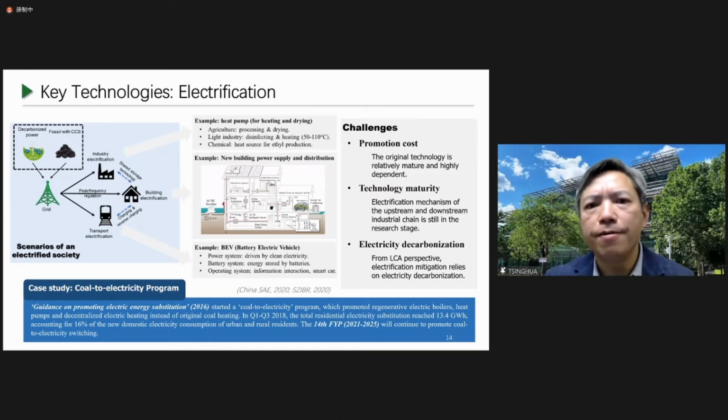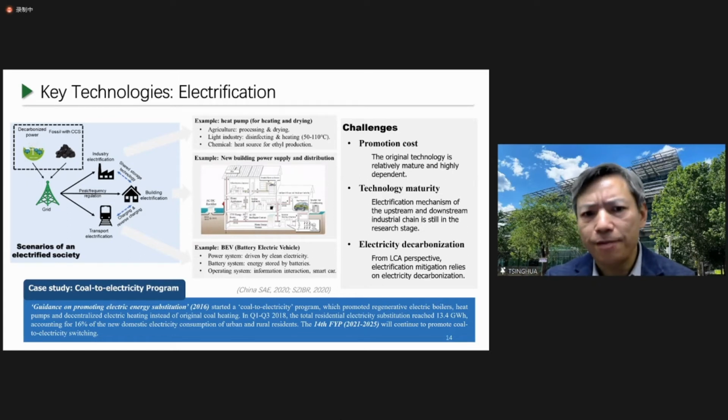Building is also an important sector to achieve mitigation through electrification, with the shift away from coal and other fossil fuels for heating and cooking through heat pumps. Rooftop solar PV is another example of direct production and use of renewable electricity in building.